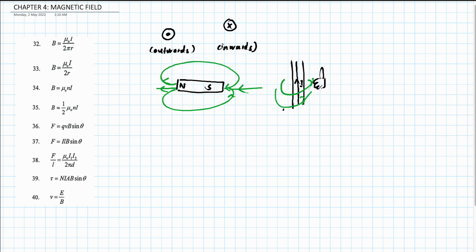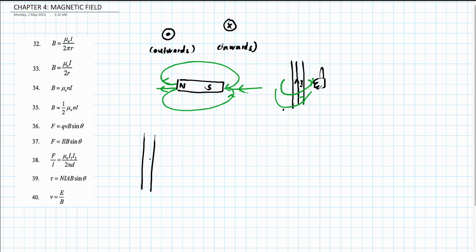Okay, itu satu. Lepas tu kita belajar untuk kita kira magnetic field. So the first formula adalah untuk kita kira magnetic field near a wire. So like I just said earlier, for example when we have a wire yang carrying current.